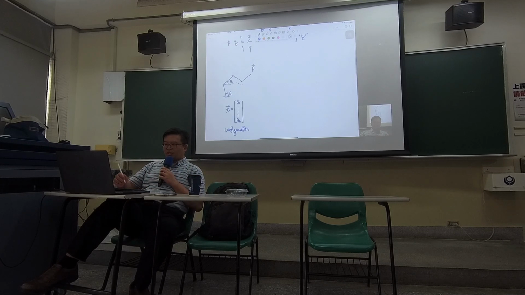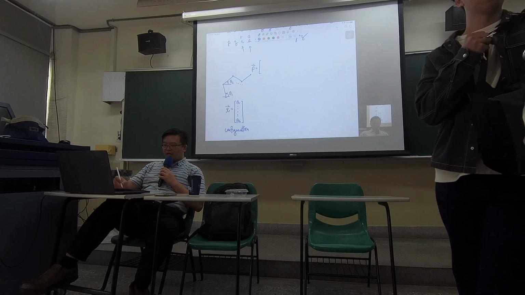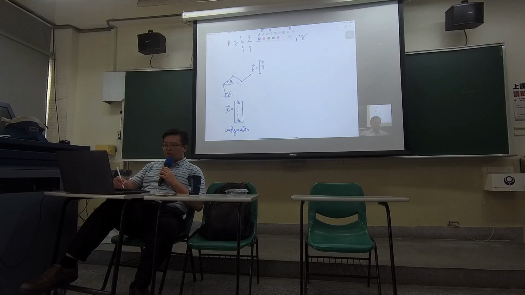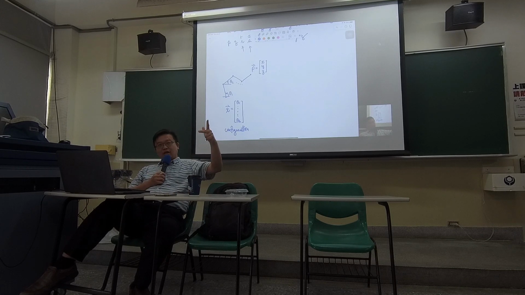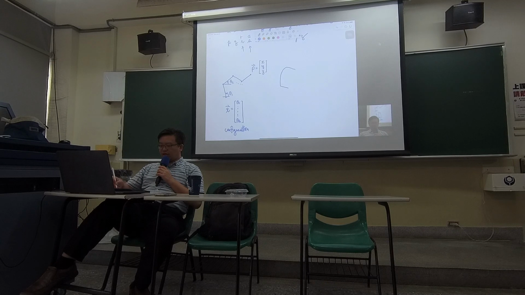And P point, you can say it's a three-dimensional point, but in fact you are controlling the coordinate attached to the end effector. So let's say the end effector looks like this. Usually it's like a circular plate. And let's say there is a coordinate. This is the end effector. Okay?